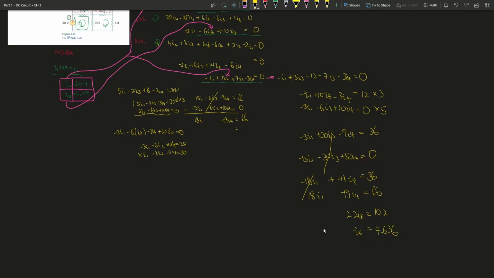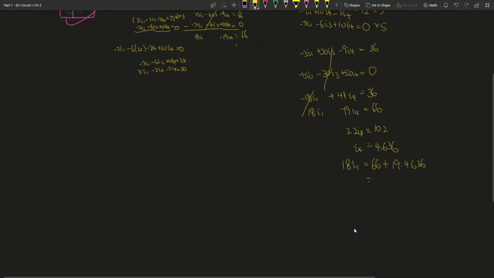Alright, and then I4 is 4.636. Okay, and then I1 is 66 plus 19 times I4, which is 19 times this number, divided by 18.